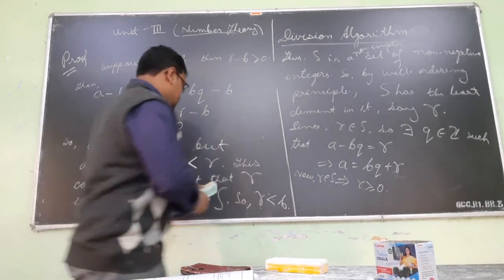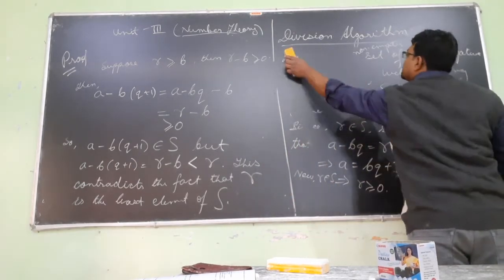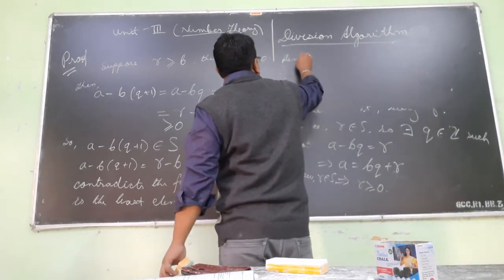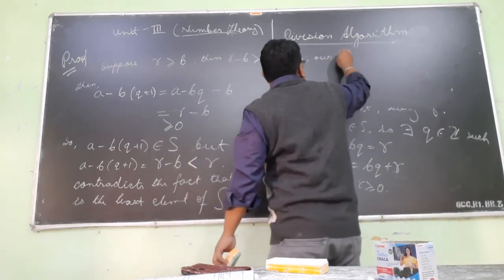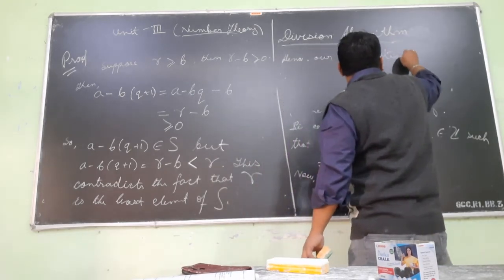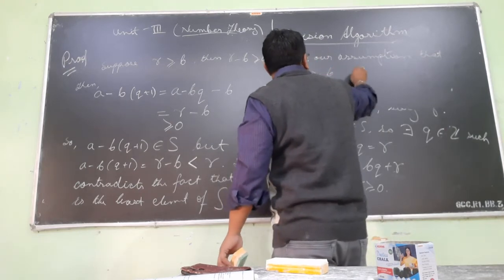Let me write it in two lines. Hence, our assumption that R is greater than or equal to B is incorrect.